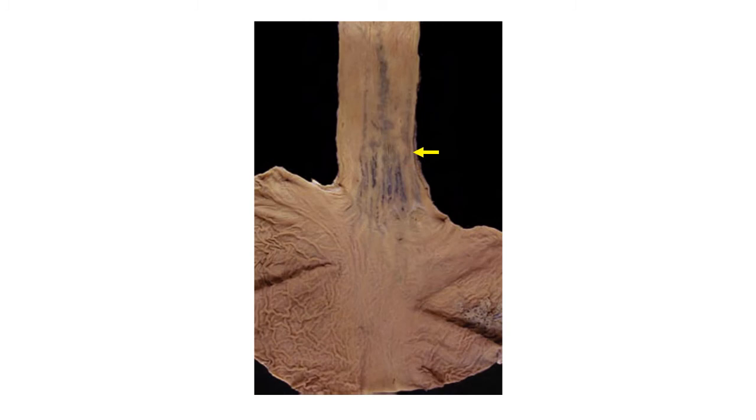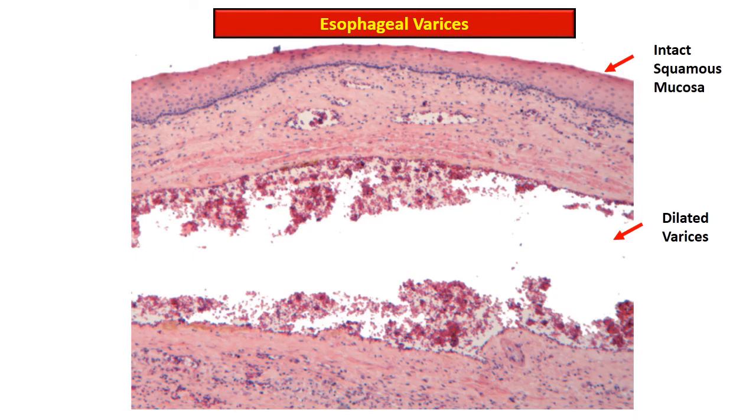In this gross picture there are prominent purplish dilated veins near the gastroesophageal junction, and these are the source of bleeding, and the bleeding in this area is termed variceal bleeding. On histology, the esophageal varices show dilated varices beneath the intact squamous mucosa.